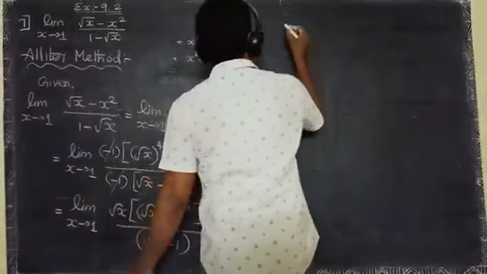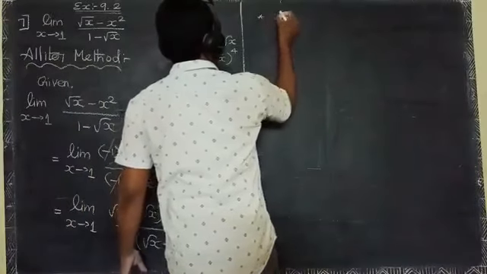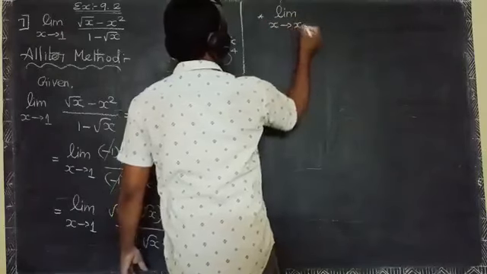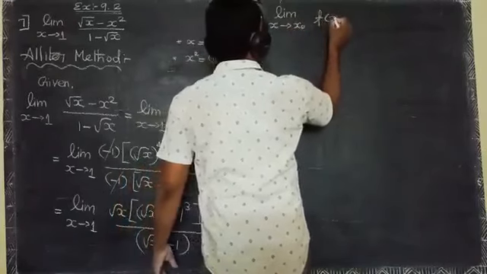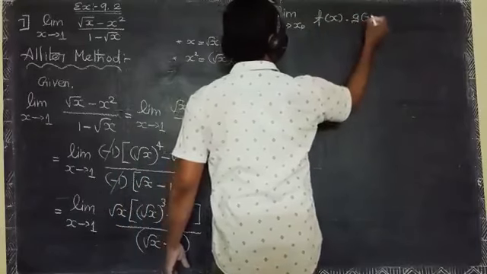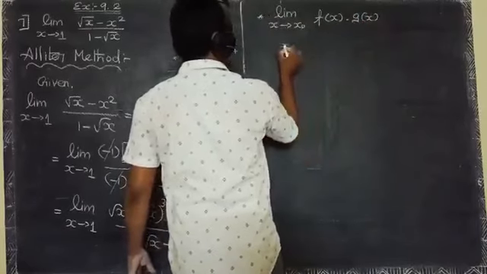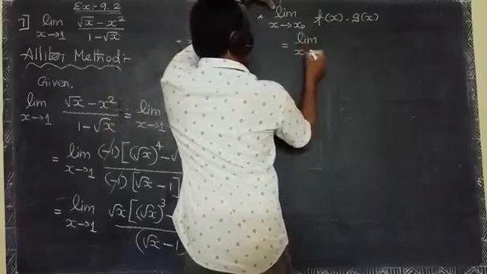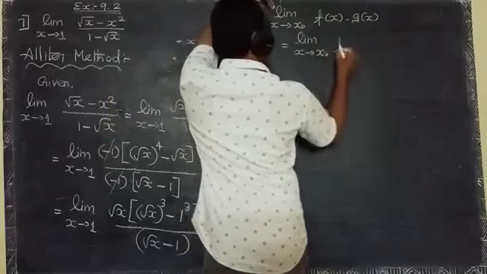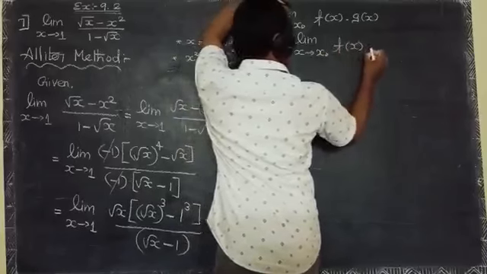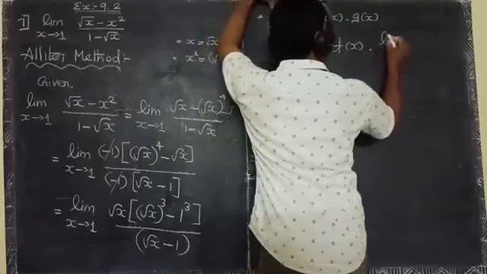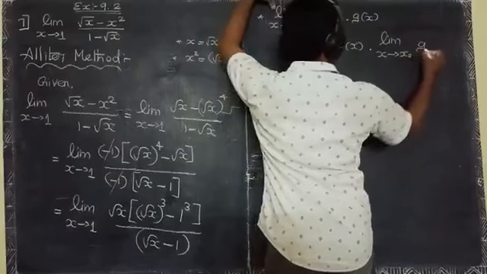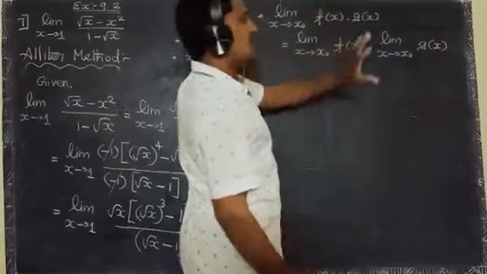Now we have two functions. Using this property, limit x approaches x naught of f of x into g of x can be written as limit x approaches x naught of f of x into limit x approaches x naught of g of x.